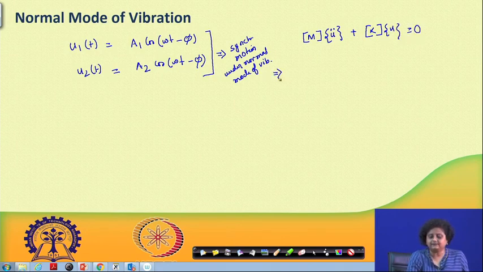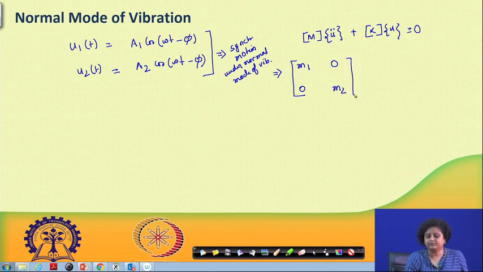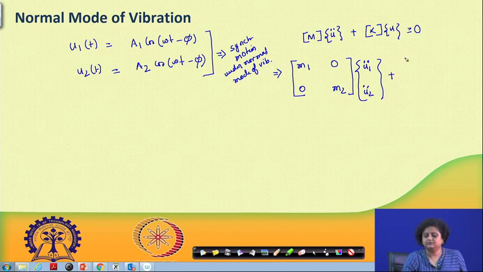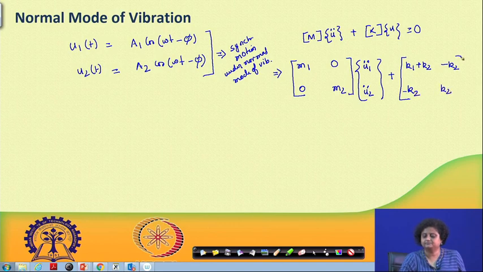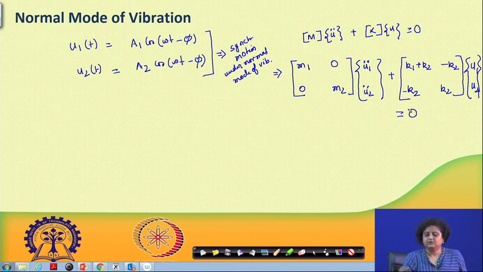If I write this in expanded form, I can write this as the matrix [m1 0; 0 m2] into [u1 double dot; u2 double dot] plus the matrix [k1 plus k2, minus k2; minus k2, k2] into [u1; u2] equals 0. Okay. So, this was the equation of motion that I had.